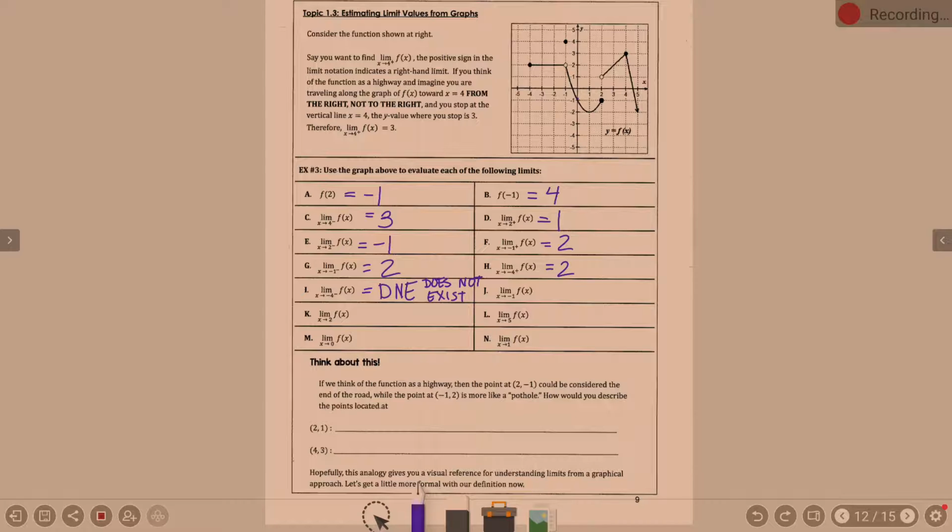Really, Amy? Okay. As x approaches -1, don't ask me, I don't know my values. So as we approach from the left, we're approaching right here. As we approach from the right, we're approaching right here. What value are we approaching? 2. And it was the same from both directions, wasn't it? So the answer is 2.